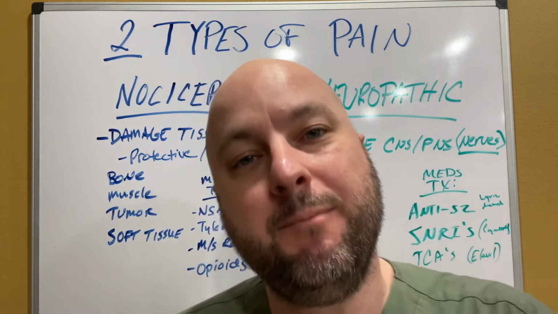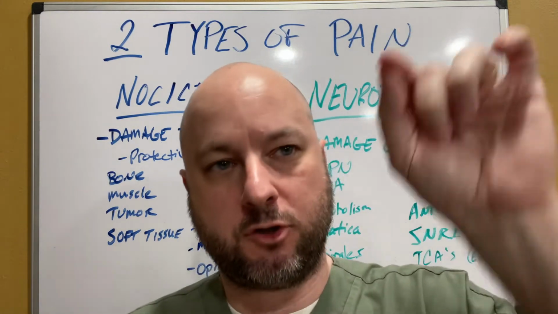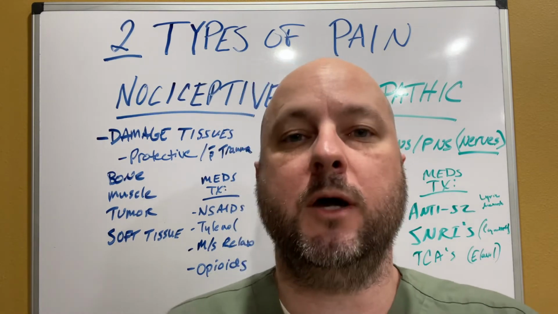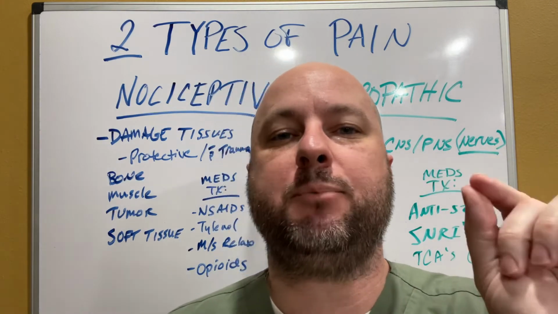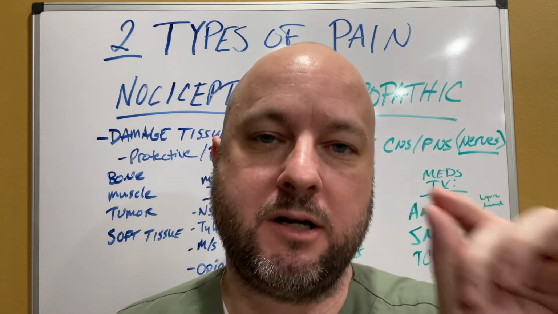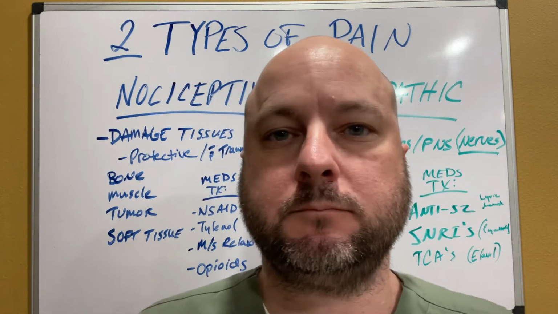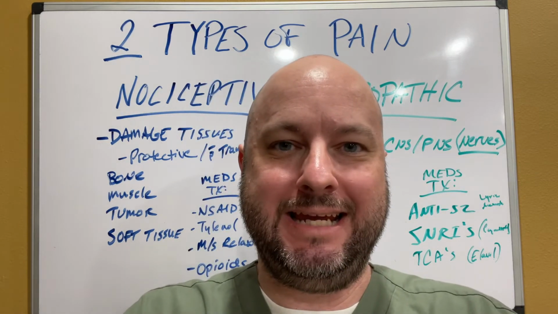The most common cause of neuropathic pain, without a doubt, star this, there will be a test later. No, it won't. But if it was, this would be a question: diabetic peripheral neuropathy is the biggest cause of neuropathic pain, period. And that's the burning pain and the tingling pain in the feet.